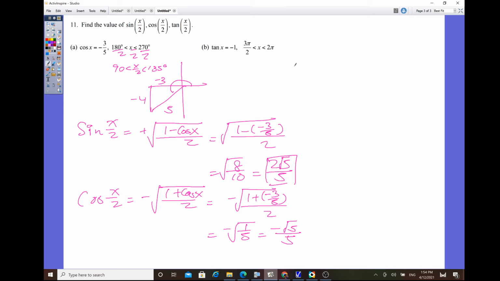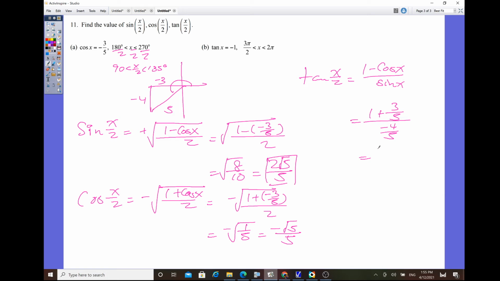And then for tangent, this one is written as 1 minus cosine of x over sine of x. So 1 minus cosine of x, which is negative 3 over 5, so plus 3 over 5, over sine of x, negative 4/5.